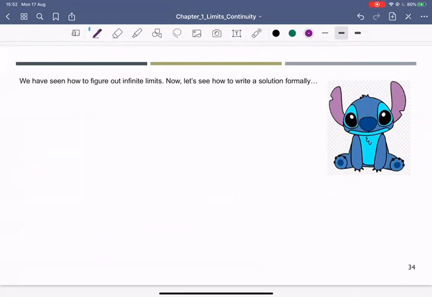So the last topic for today is, you already know how to figure out infinite limits. So let's see how we show our work formally. This is what you're supposed to do. All right, we have the theorem.